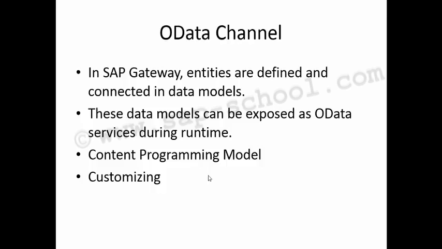For SAP NetWeaver systems lower than SAP NetWeaver 7.4, we need to install the software component IW_BEP, either on the SAP Gateway system or on the SAP Business Suite backend system. But for NetWeaver systems on 7.4 or higher, the component SAP_GWFND is installed as standard, and it includes the functional scope of IW_BEP.